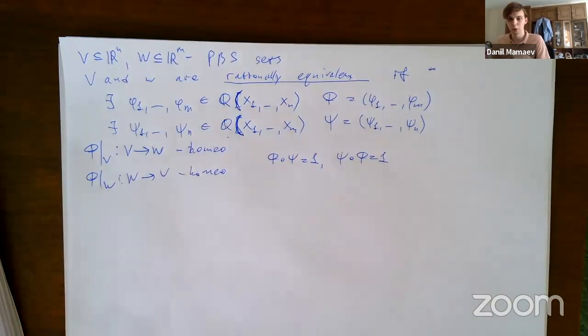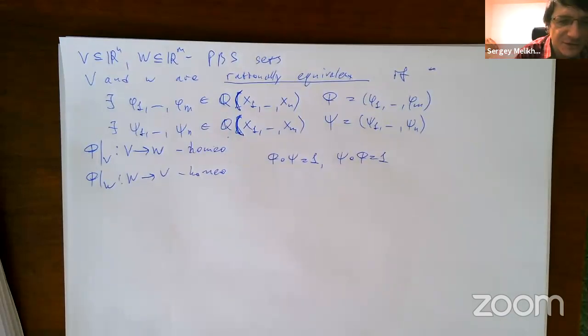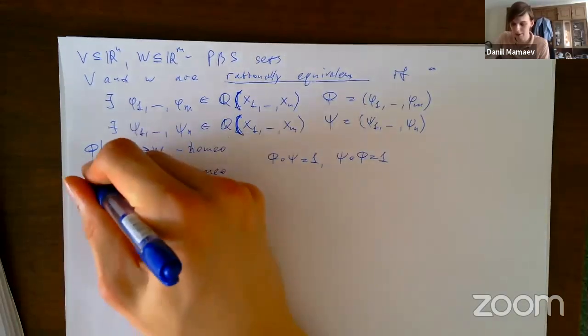So a rational equivalence is just a birational map from R^n to R^n that homeomorphically maps one semi-algebraic set to another. Olya says we need to correct phi to psi at the very bottom. Yes, indeed. Thank you.